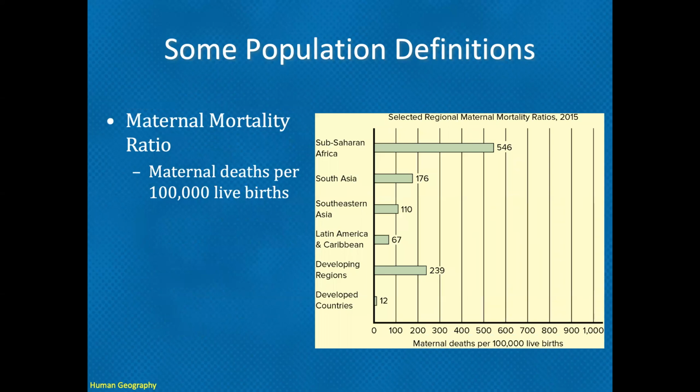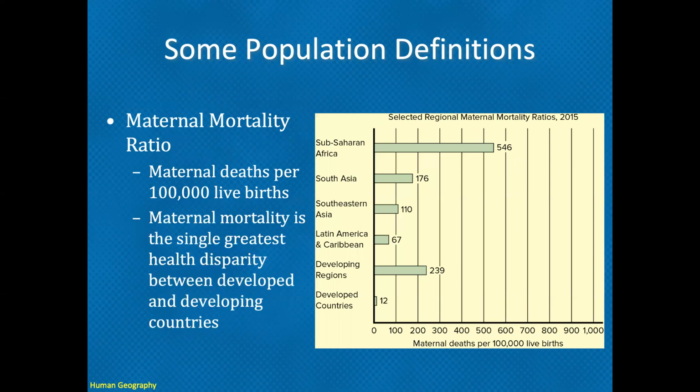And maternal mortality rate is probably the single greatest health marker to show you the difference between developed and developing countries. So this is how many moms sort of don't make it during the birth process.